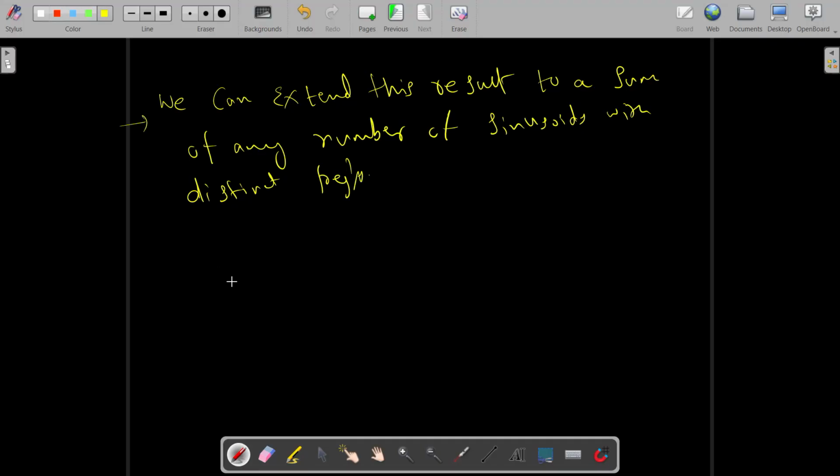So this means x of t now is equal to the summation, n is equal to 1 to infinity, correct? c_n cos(omega_n t plus theta_n).